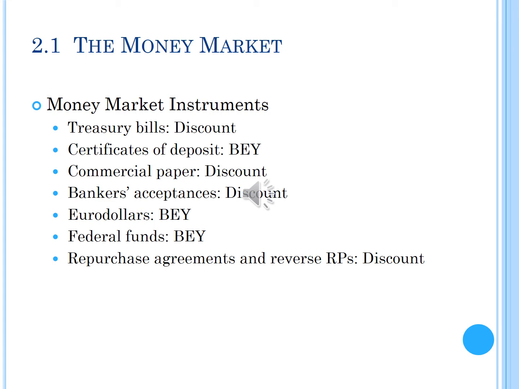If you notice, for treasury bills, commercial paper, bankers acceptances, and repos or repurchase agreements and reserves, we use the discount model, which is basically the first formula that we looked at, the bank discount rate. On the other hand, for certificates of deposit, eurodollars, and federal funds, we use the bond equivalent yield formula, which is the second formula that we looked at.